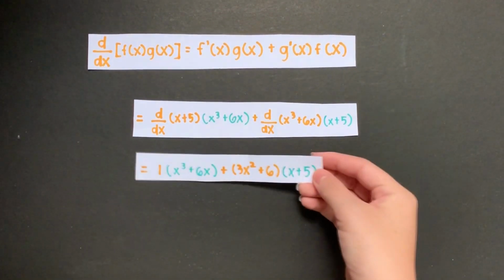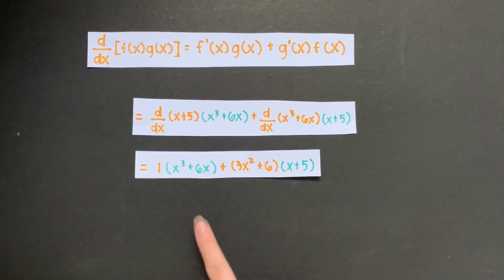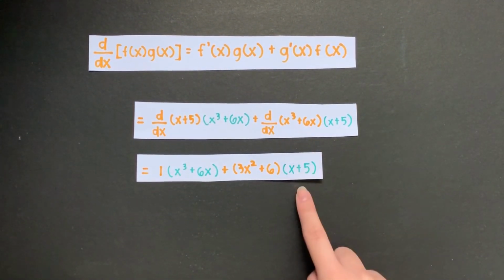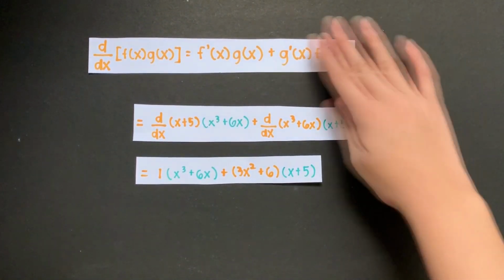So, we have 1, which is the derivative of f of x, times x cubed plus 6x, plus the derivative of g of x, which is 3x squared plus 6, times x plus 5.